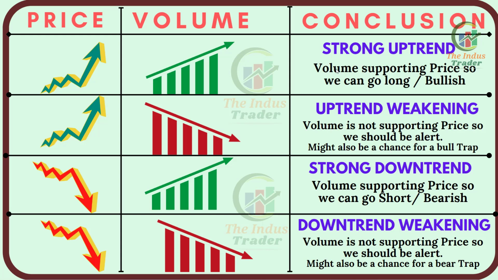I'm going to explain everything on the chat, but here simply remember: if the market is moving in one direction and the volume is supporting that direction, that direction has strength. For example, the market is moving up and the volume is supporting, it's a strong uptrend. The market is moving down and the volume is increasing, so the volume is supporting this price, it's a strong downtrend.